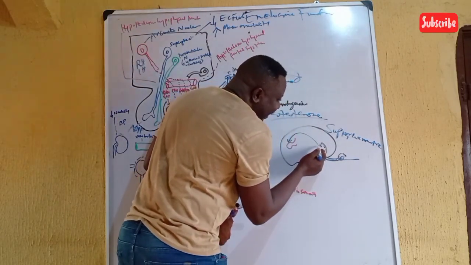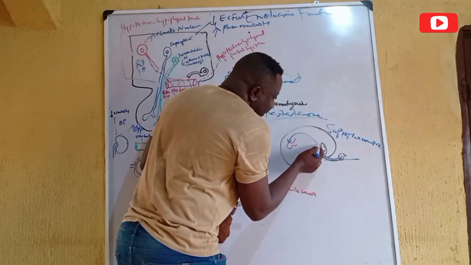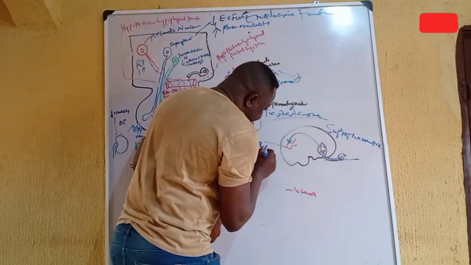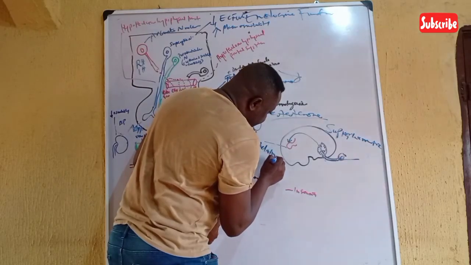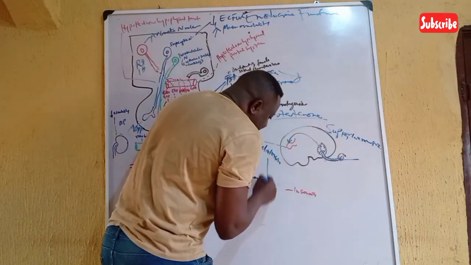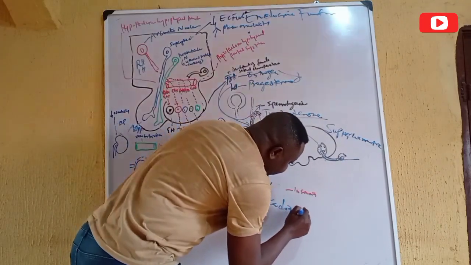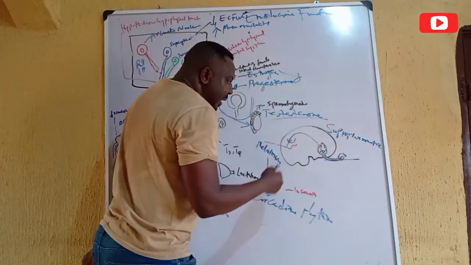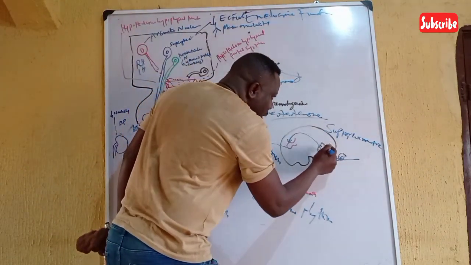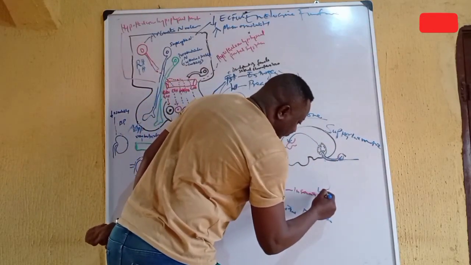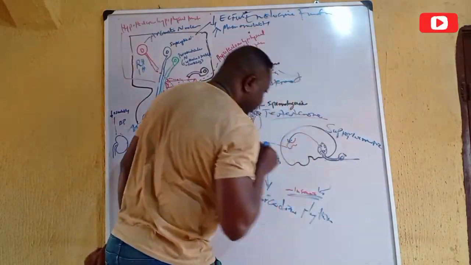So, information is sent from the suprachiasmatic nucleus down to the pineal gland to release what is known as melatonin. And of course, melatonin is implicated in circadian rhythm. So, a lesion to the suprachiasmatic nucleus can result in insomnia.